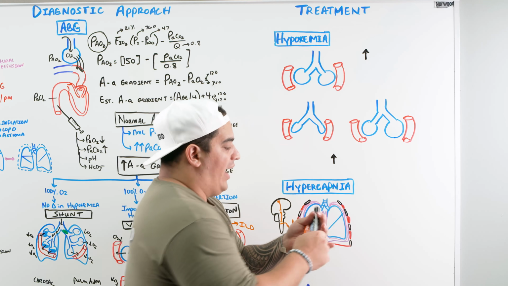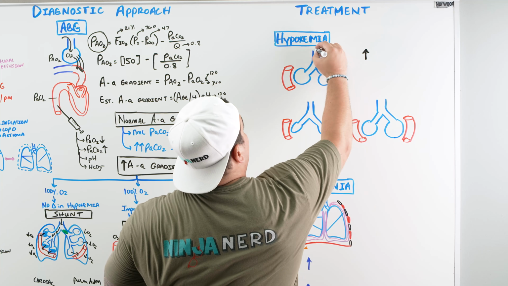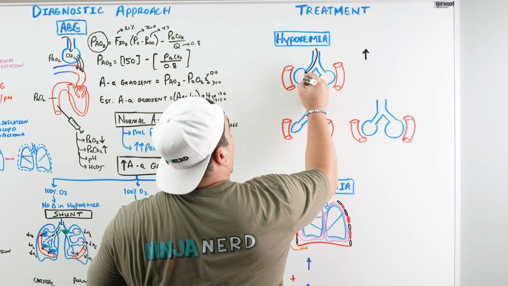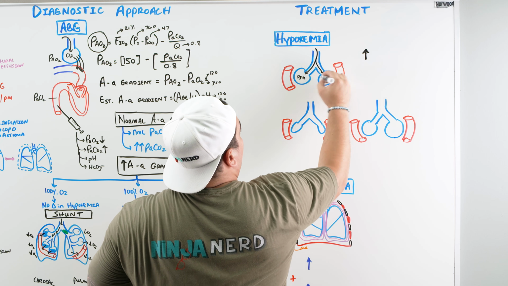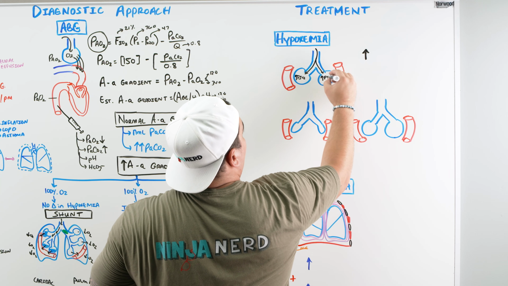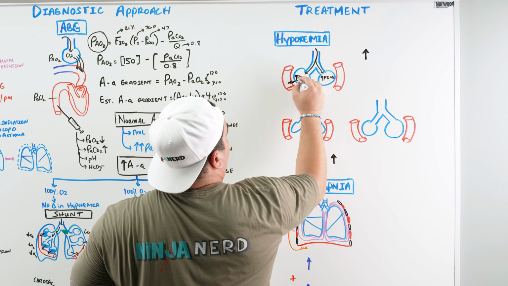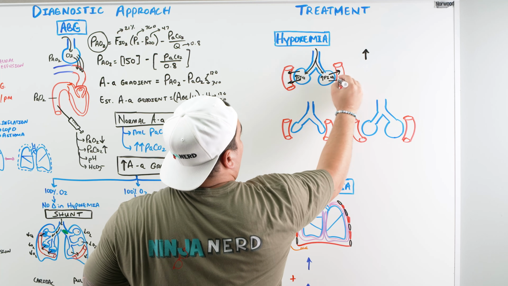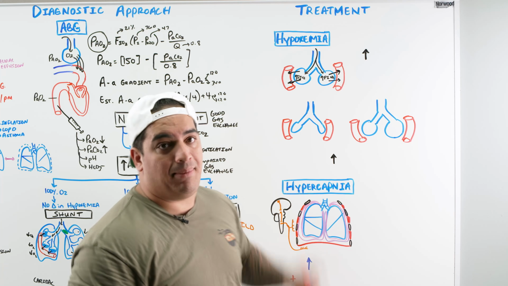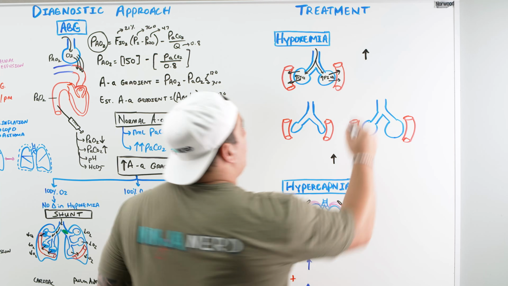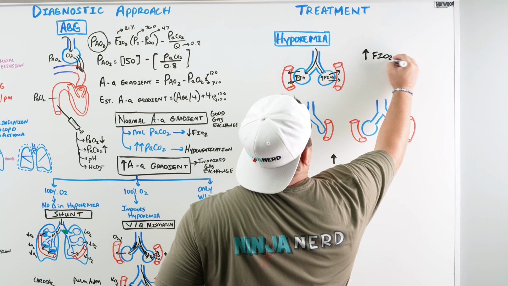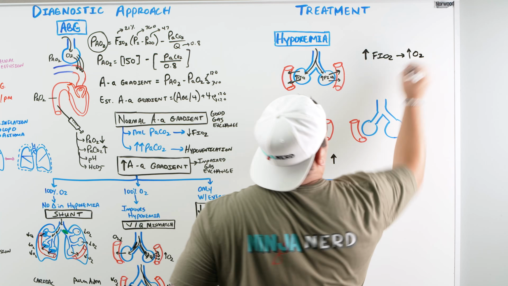Well, one way is I can try to increase the amount of inspired oxygen that is going to my alveoli. If I increase my FiO2, I might be able to bump the amount of oxygen that's diffusing across the alveolar capillary interface and increase the oxygen within the blood. So think about increasing FiO2 to be able to increase your O2.